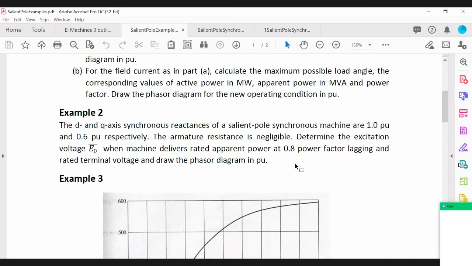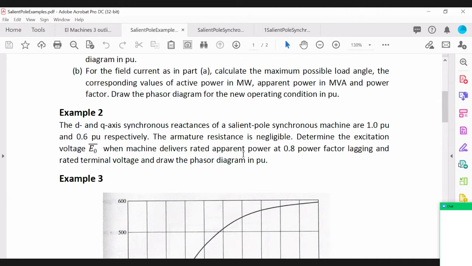We can analyze the entire machine, drawing the phasor diagram, and also determining the excitation voltage E naught. Once we are given the operating point, meaning how much power the machine is delivering and at what power factor.